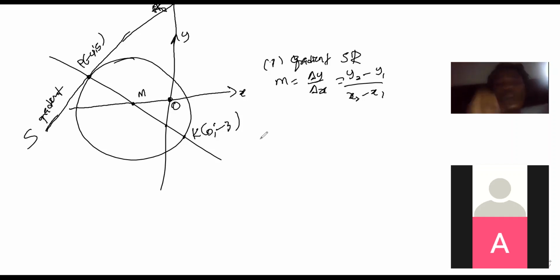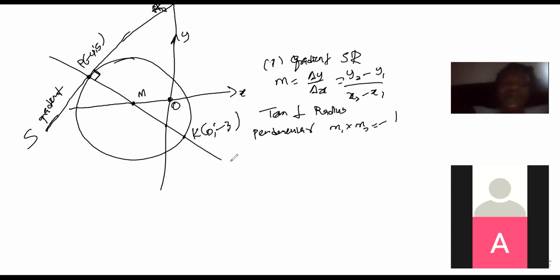So we only know that. But then this is a tangent. Tangent is always perpendicular to the radius. Radius is from the center to the circumference of the circle. And also we know that if we've got lines that are perpendicular to one another, when you multiply their gradients, they must give you -1.